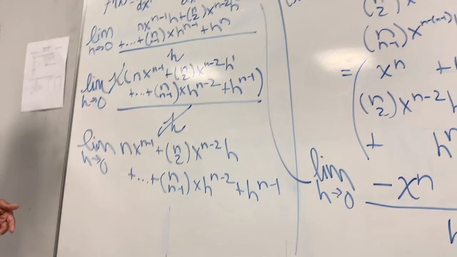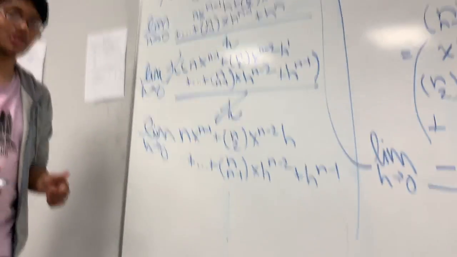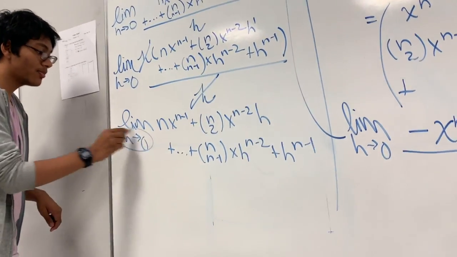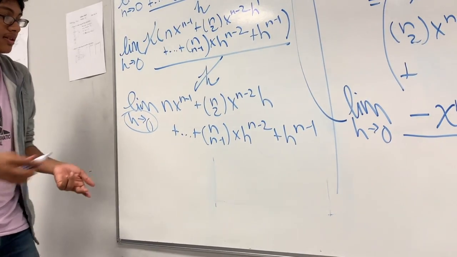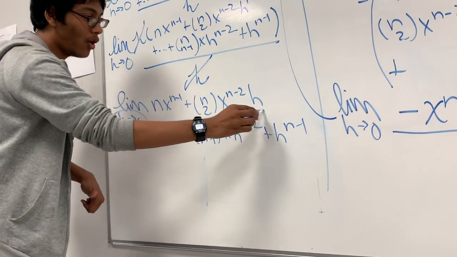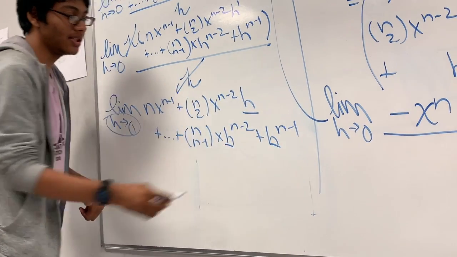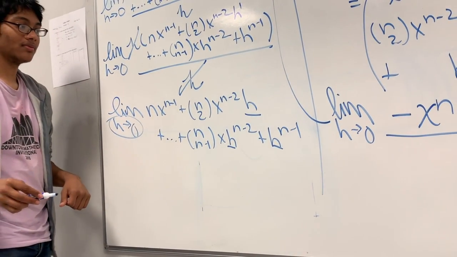Now as you can see, this is where all of our simplification comes in handy. As h approaches 0, anything multiplied by 0 is just 0. That means all the terms that are multiplied by h will be reduced to 0.